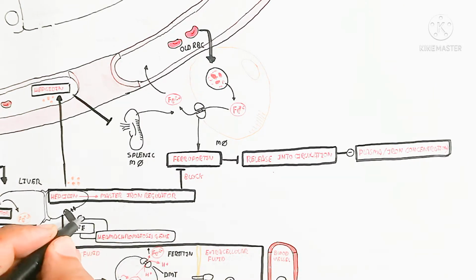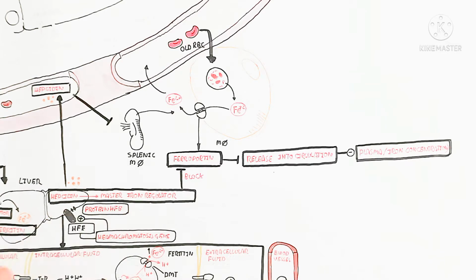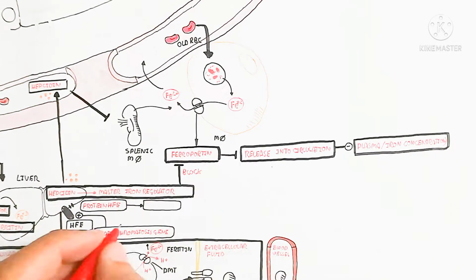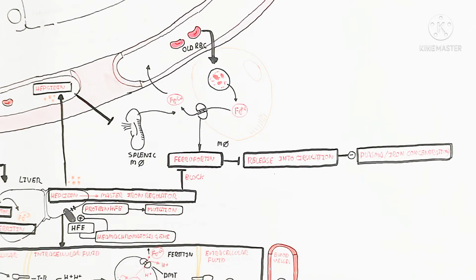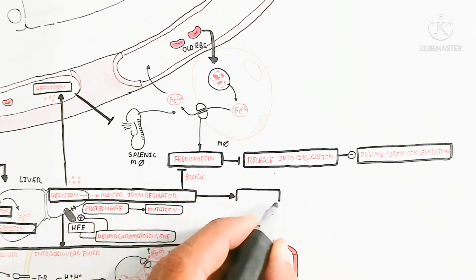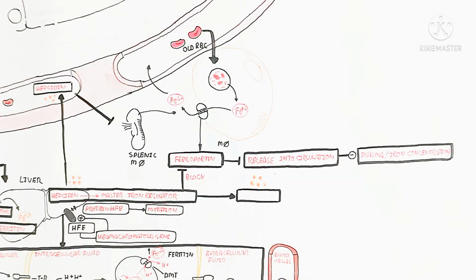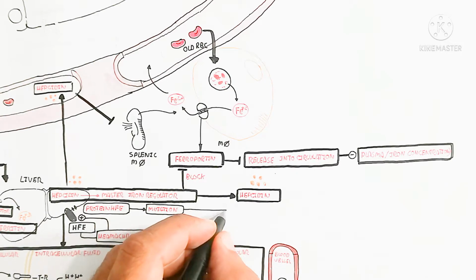So this hepcidin is regulated by HFE, the hematochromatosis gene, and the protein HFE can lead to mutation, and this mutation leads to increased hepcidin.